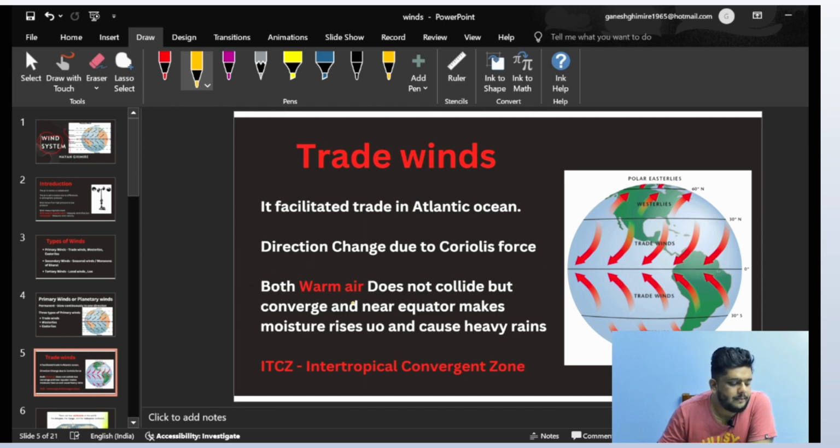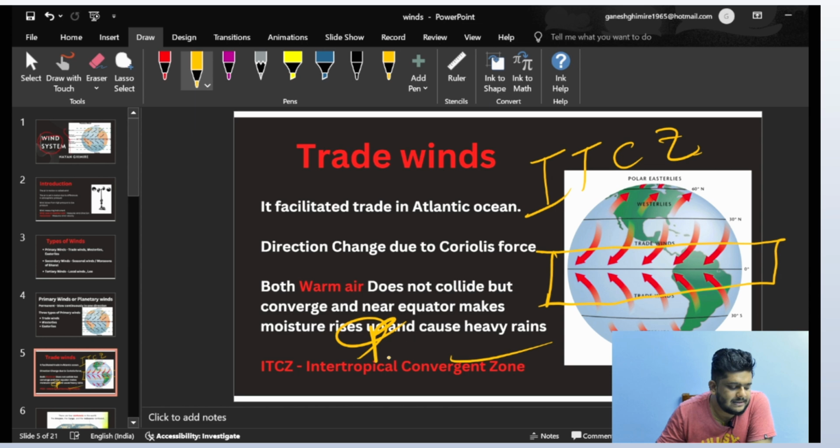Okay, both warm airs do not collide but converge, and near the equator make moisture rise up and cause heavy rains. As you can see here, this zone is called ITCZ.